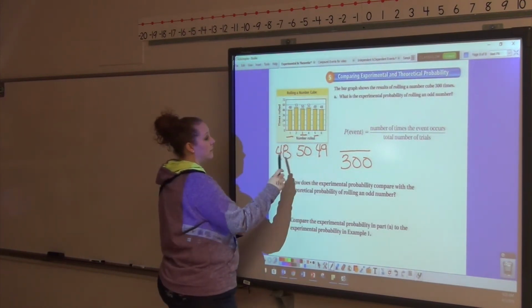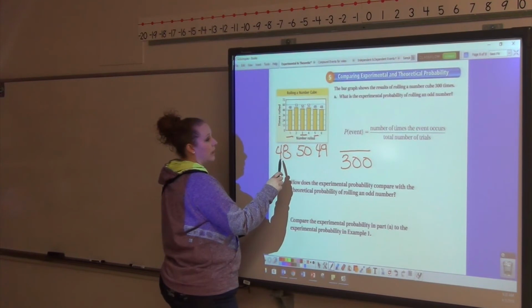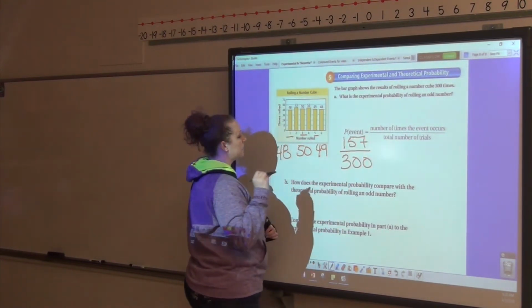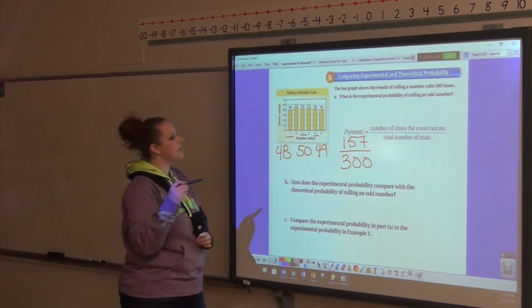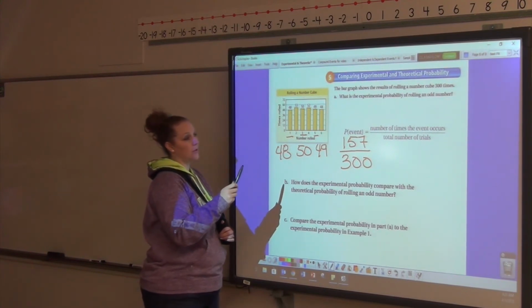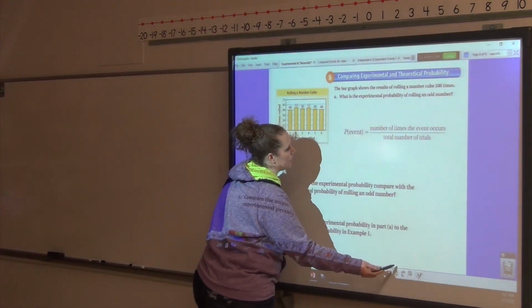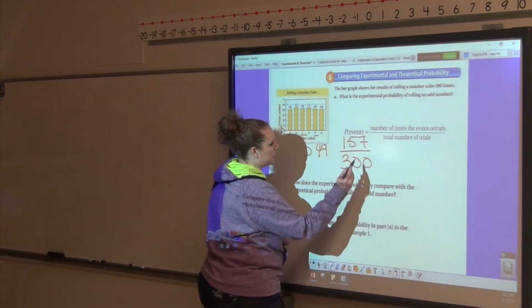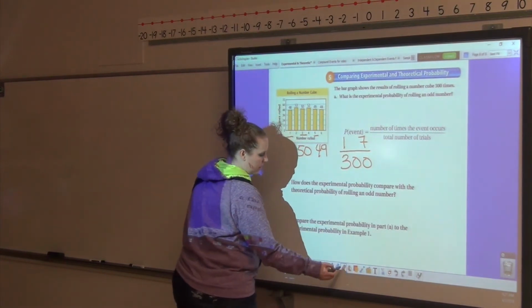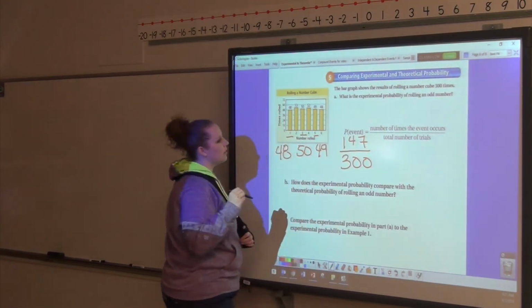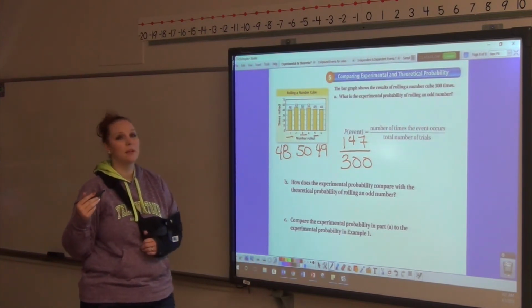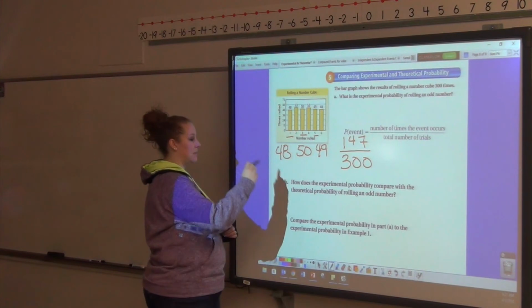So 50 plus 49 is 99, plus 48 is 147. 147 out of 300 is the experimental probability of rolling an odd number in this experiment.